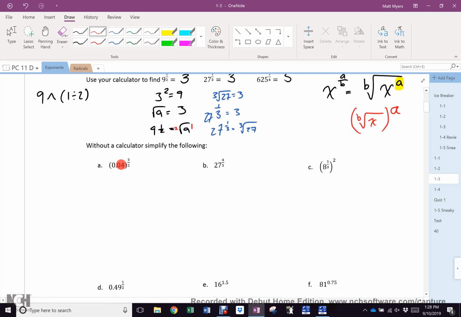This bothers us, though. But this is really just 4 100ths, isn't it? Right? Okay. To the 3 halves. Well, what does that denominator become?